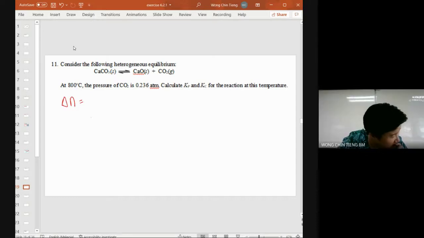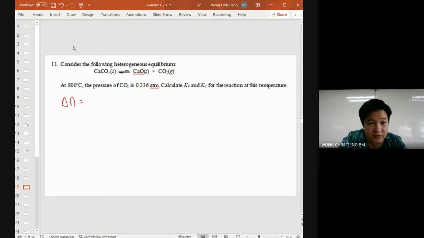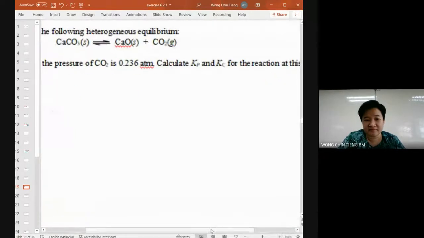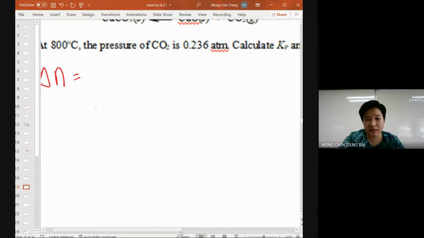Delta N kosong. 1 tolak 1. Yang lain diam. Aiman, saya tak tulis apa lagi. Selagi saya tak tulis apa, bermakna jawapan yang hang bagi tu salah.